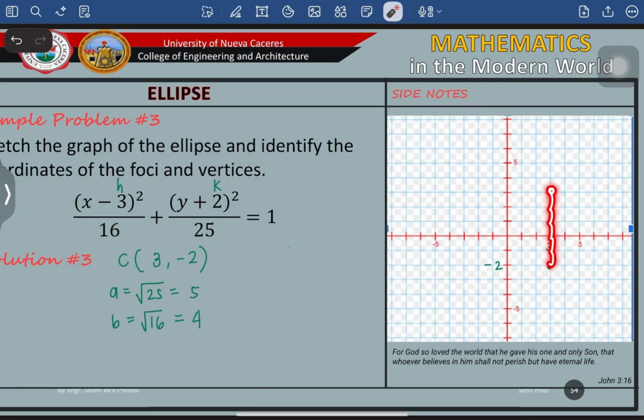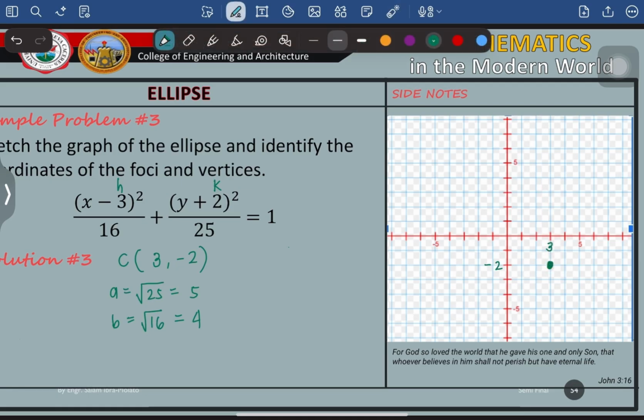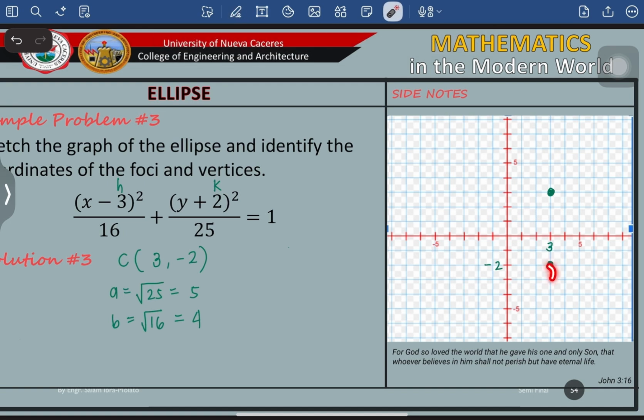So this is located here for the first vertex of the major axis. So, while for the other vertex, let's count 5 since it is 5 units away from the center. 1, 2, 3, 4, 5. So this is here.